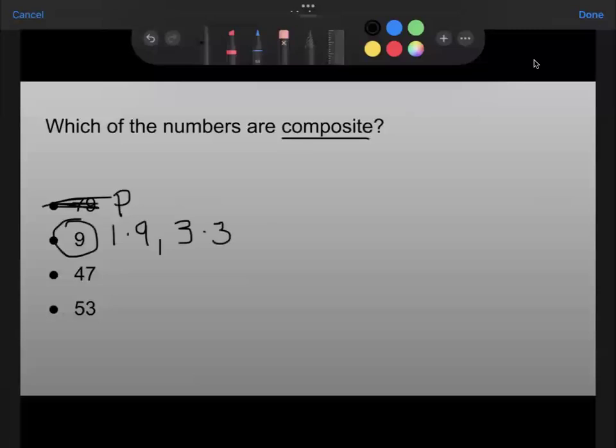Both of those could have 2 as a factor, but I can't think of anything that I could multiply to get 47. So I'm going to say that is not a composite number. That is a prime number. And the number 53, we've talked about previously. So we know that that is a prime number and not a composite number. So from this list, the only composite number that we have is the number 9.